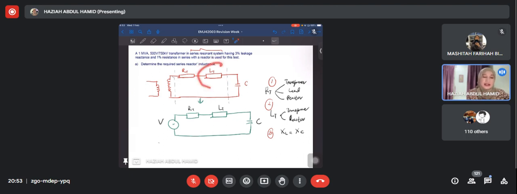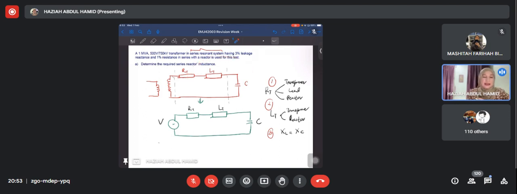So we have to find the required L that can match the value of C. Then we get a value here that we can put into our circuit to match the C value, and that will produce a resonance circuit. When resonance happens, this component becomes zero, so our input is only limited or determined by the resistive component. That way we get a higher AC voltage here.